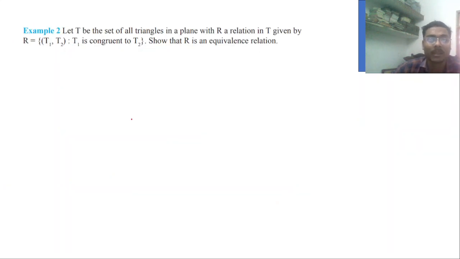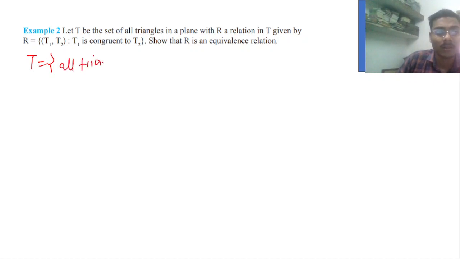Now we will solve some examples to better understand this. Let T be the set of all triangles in the plane.